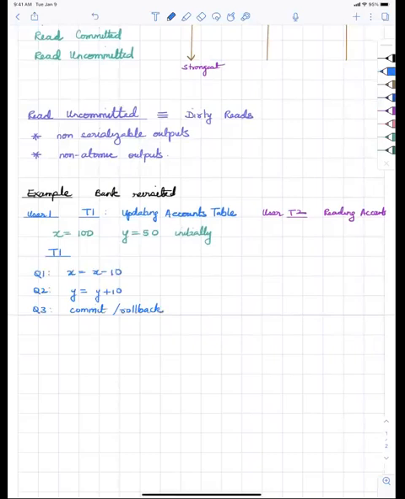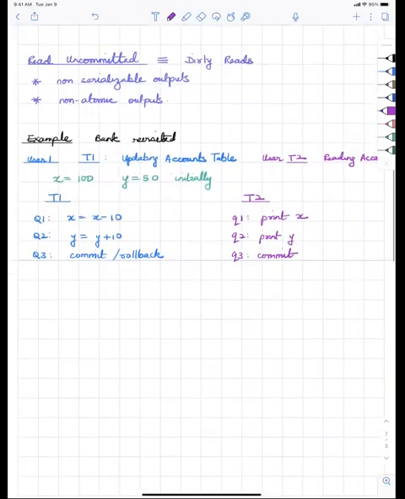Then we have transaction T2, which is reading the accounts. Its lowercase q1 is print or read X, q2 is print Y, and q3 is commit. These are the two transactions.